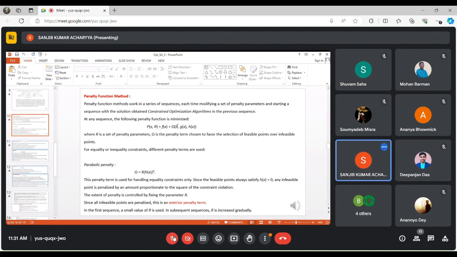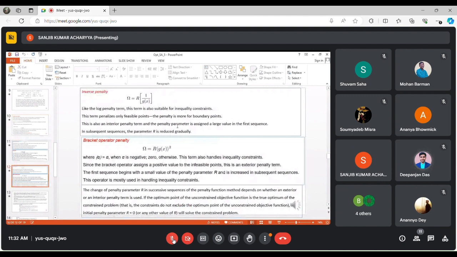We are starting with a good margin of feasibility, but if we cross the limit and exceed the feasibility criteria, that is not acceptable. So R should be reduced. Very close to the boundary, it should be a very low value. Penalization should be very low. Do you agree with me or not? Yes, sir. So in the case of the interior method, R should be reduced gradually instead. Am I right? Yes, sir.